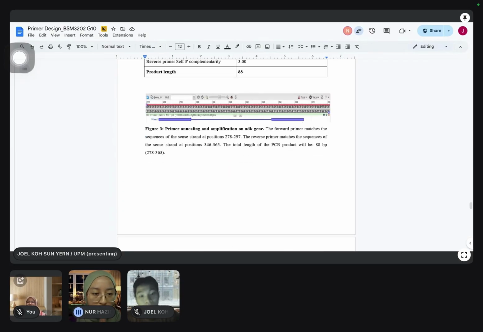As you can see, figure 3 is an overview of primer annealing and amplification on the ADK gene.